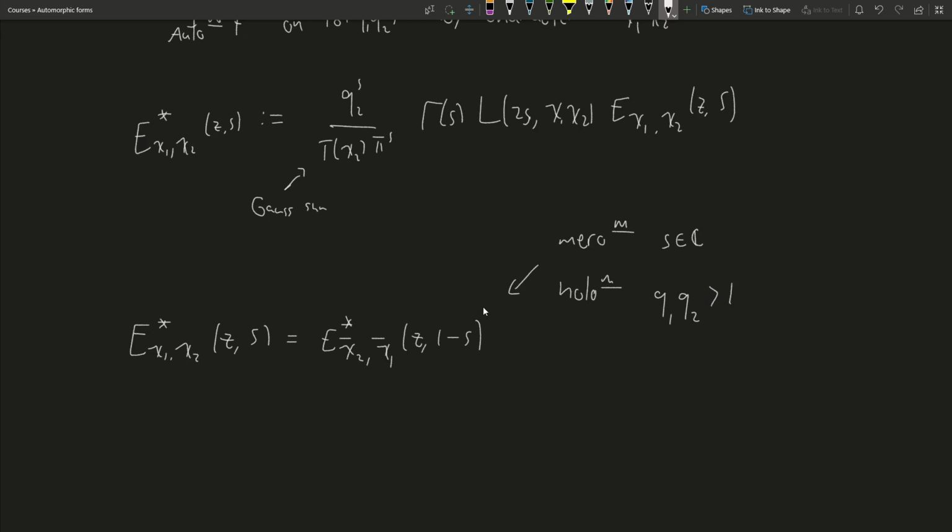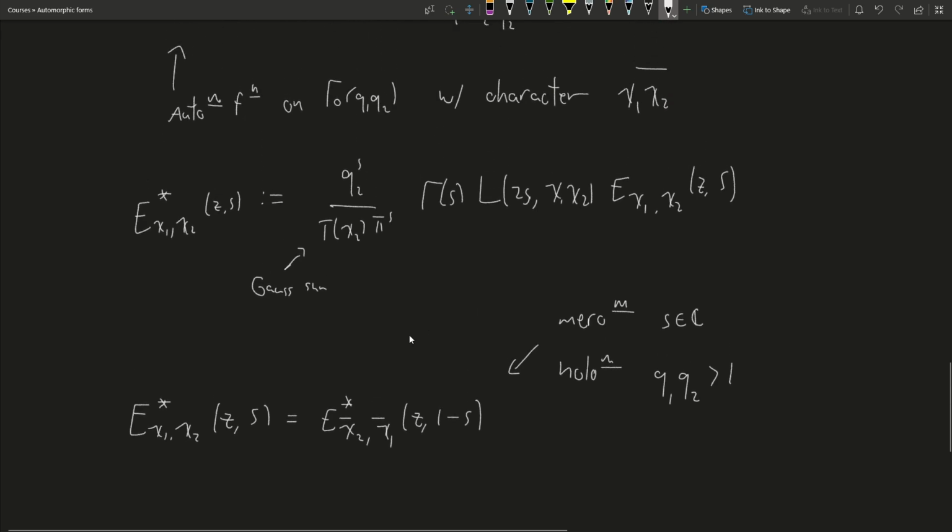So essentially this is saying, this extends to an entire function. And so this is the functional equation. This is sort of the usual business that you do with these things. You say, okay, we've got this series definition, and it extends to an entire function and has a functional equation. So this is what it is.